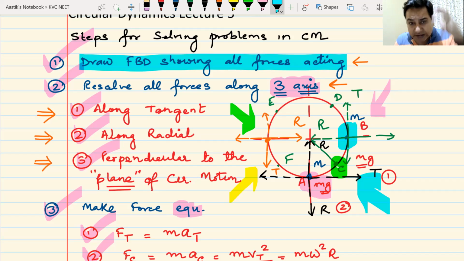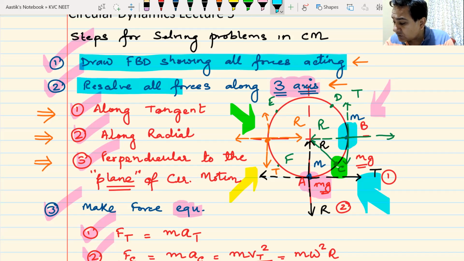In NEET in general, the question would be very straightforward and you would not need to do so many things. I'll go through those questions very quickly and you will see that. First is draw the free body diagram.